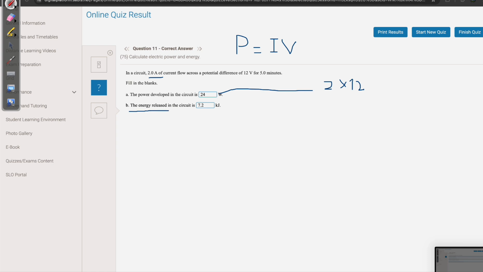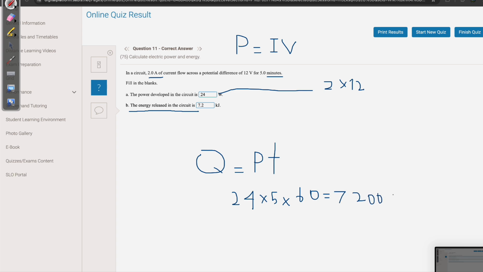The energy released in a circuit is equal to power, which we found in part A, times time. And time has to be in seconds, not in minutes like here. So 24 times 5 times 60, that will get you 7,200 joules.